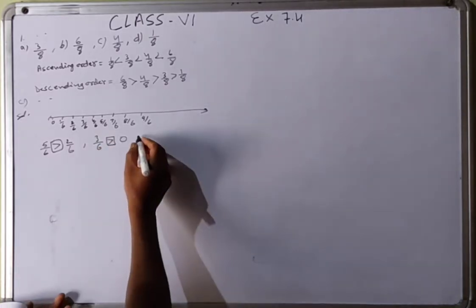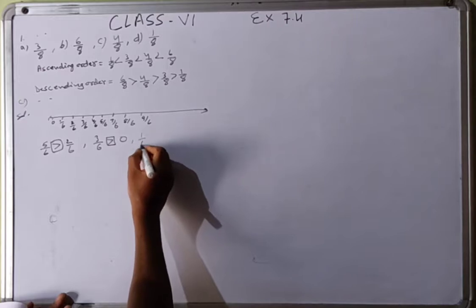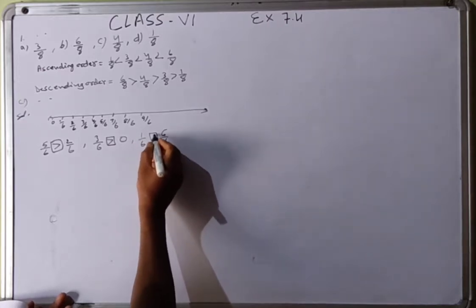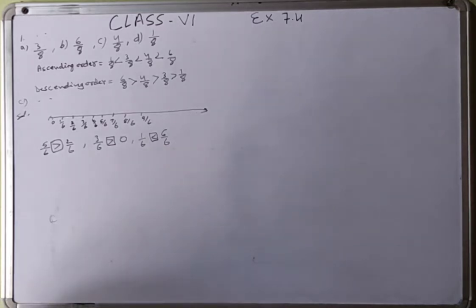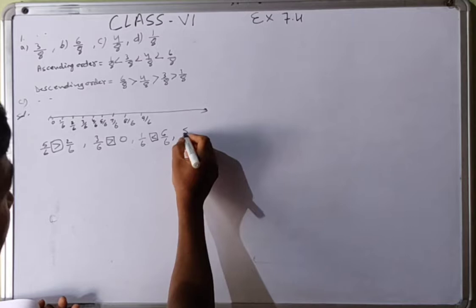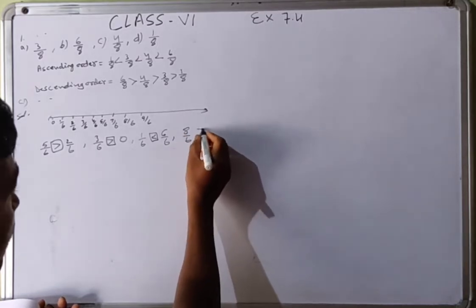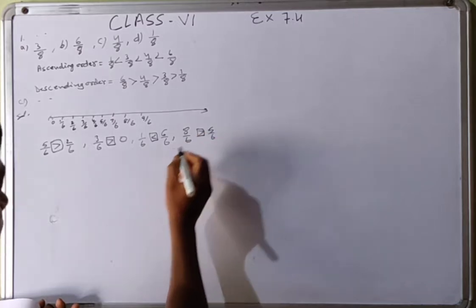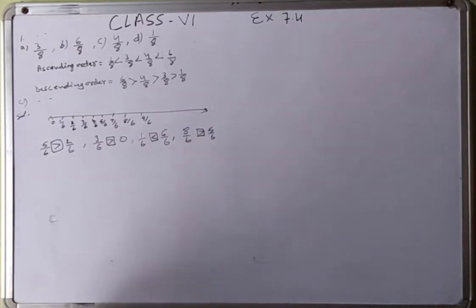And then 1 upon 6 box 6 upon 6. So 6 upon 6 is greater because it's on the right side. And next is 8 upon 6 box 5 upon 6. So 8 upon 6 is greater because it is on the right side.